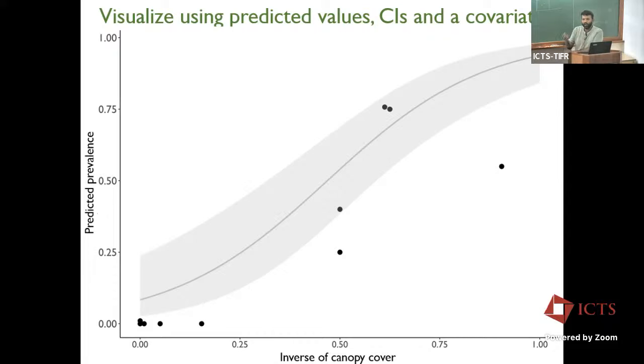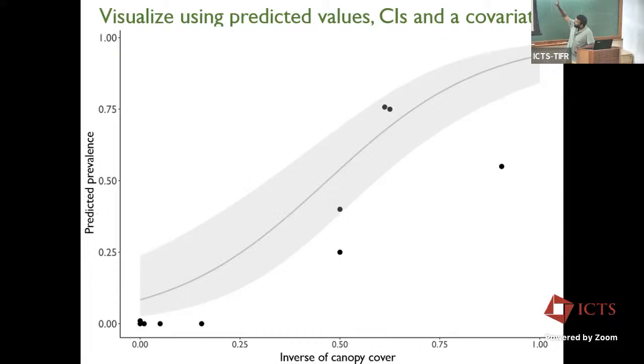So in more open areas and slightly more disturbed areas, maybe there is increased prevalence. What you have in the middle is the mean line. For different values of canopy cover, values of prevalence have been predicted. Similarly, for each of these values, you also have an uncertainty, standard error, or a confidence interval that is predicted.